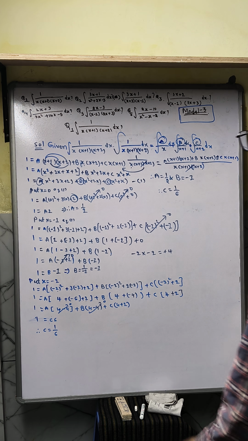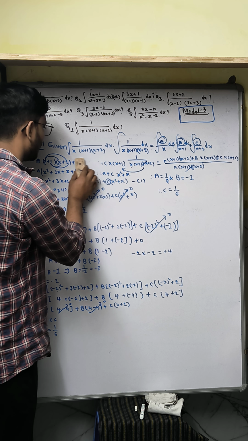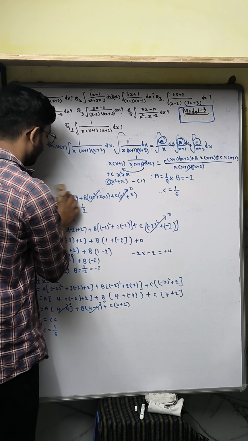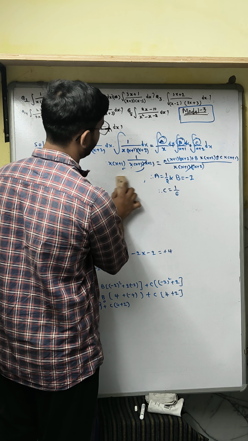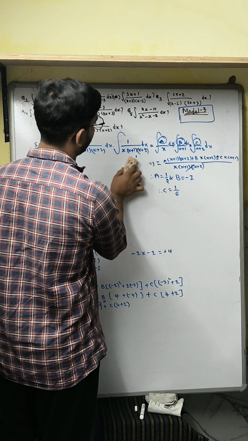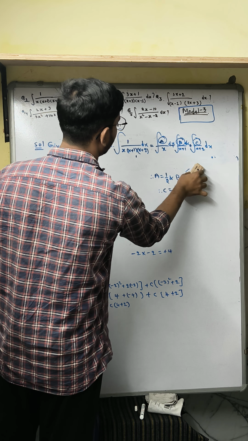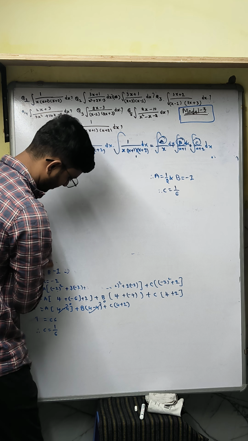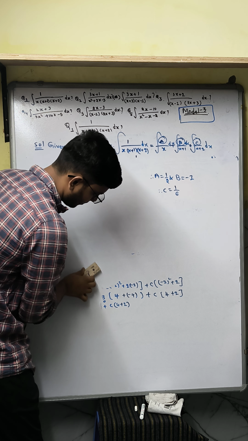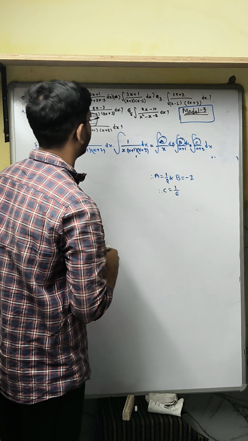Now, last step. What is the last step? We find out a, we find out b, and we also find out c. Now we go for the last step.